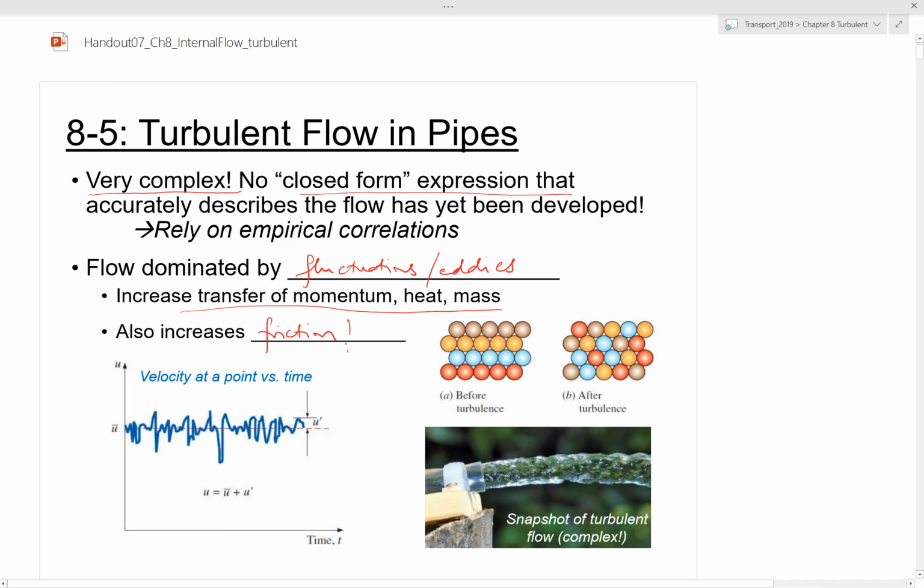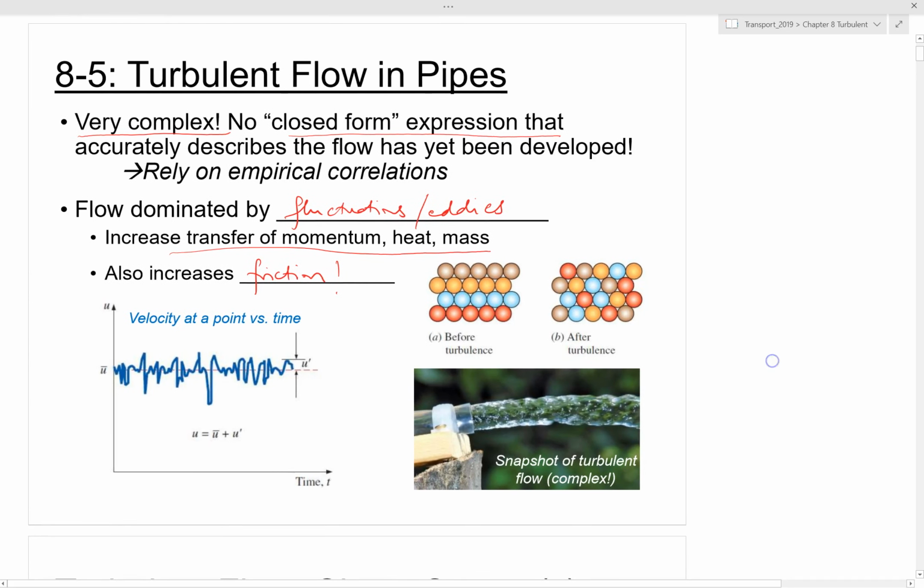friction, and this is essentially stochastic modeling where you have balls of the same colors stacked up just to show pictorially what happens. This is before turbulence. After turbulence, you can see all the different colors are jumbled up. Velocity as a function of time is really like the stock market, fluctuating.